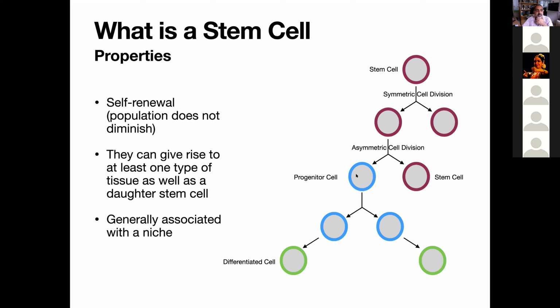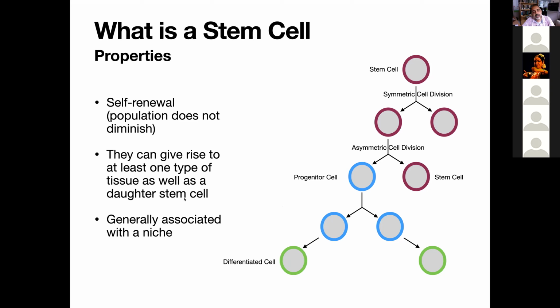And so here the nuance of what a progenitor cell is as opposed to a stem cell is that the progenitor cell has a limited lifespan. So it will divide once, maybe twice, before settling into differentiation. As I said, they can give rise to at least one type of tissue as well as the daughter stem cell.